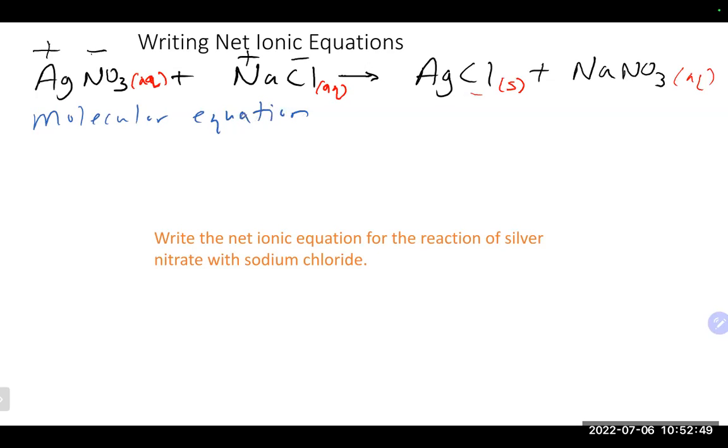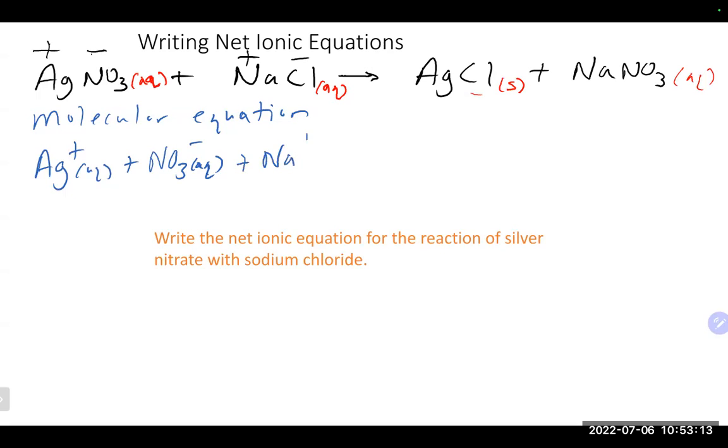We once again can break everybody apart into the total ionic equation. If we do that, our silver nitrate would break apart into a silver ion floating around, plus a nitrate ion. That is basically what is happening with silver nitrate. It is a strong electrolyte and is going to break apart. Our sodium chloride will do the same.